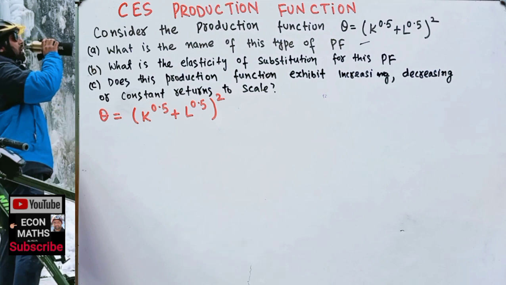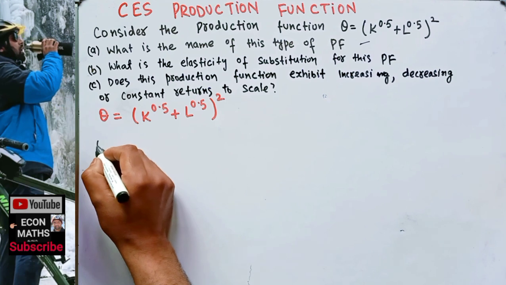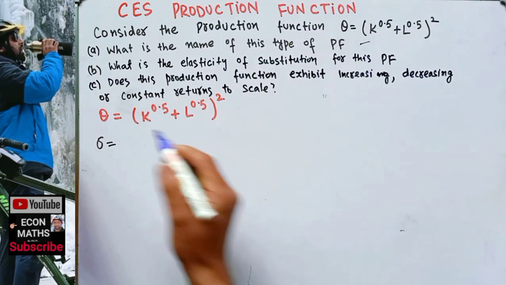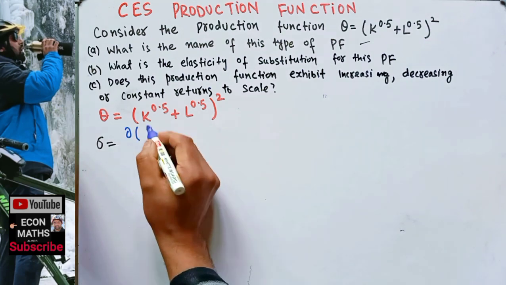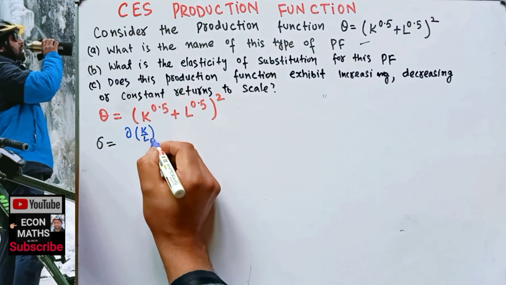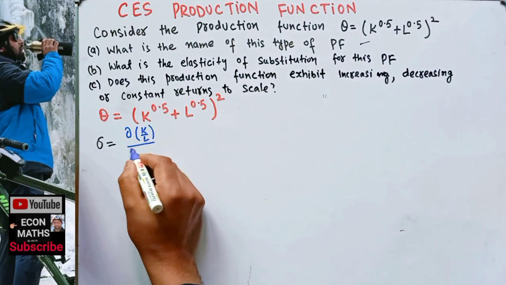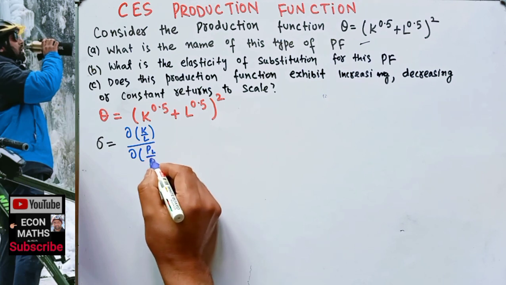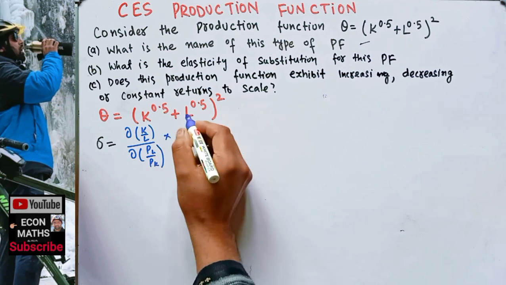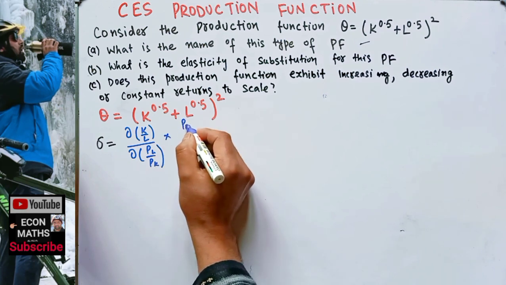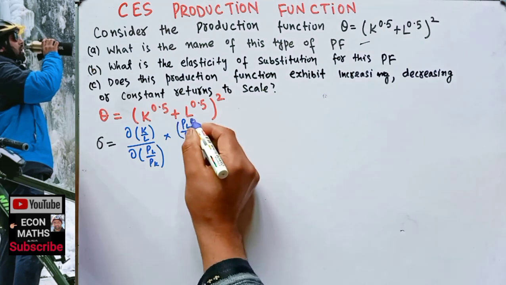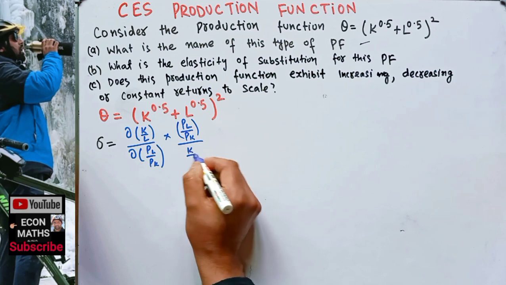Okay, now how do we find elasticity of substitution? The formula is, elasticity of substitution is equal to the change in capital labor ratio with respect to change in the input price ratio, that is price of labor upon price of capital, into this input price ratio PL upon PK, divided by capital labor ratio.